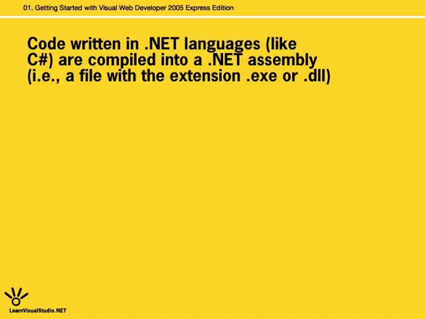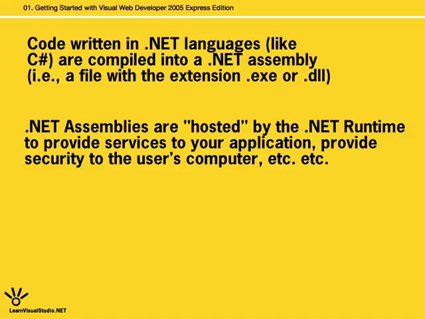You create C# code, and then you use a C# compiler to compile that code into what's called a .NET assembly, which is a special file that has either a .exe or a .dll file extension. And then that file runs in the context of the .NET runtime, and by doing so has access to things like the .NET Framework class library. The .NET runtime manages memory and security and other things for our application.